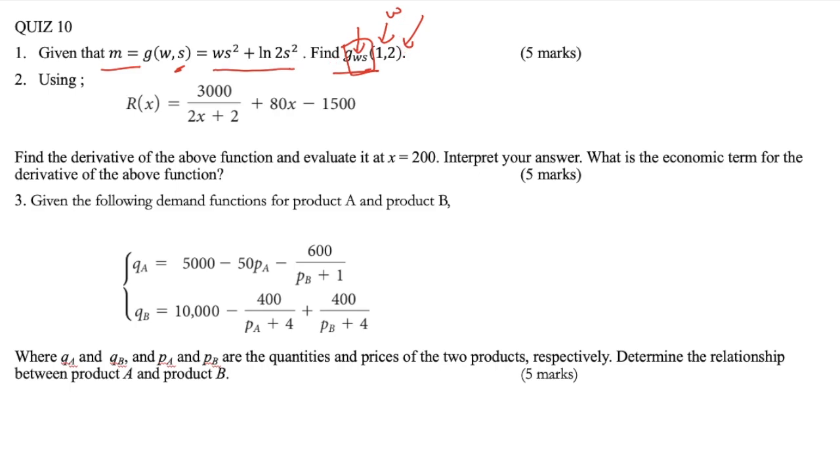Okay, so how are you going to do it? So let me rewrite again the question here. Let's say m is equivalent to g w as a function of w and s, which is equivalent to w s squared plus ln 2s squared.